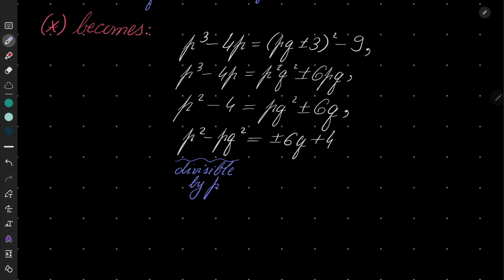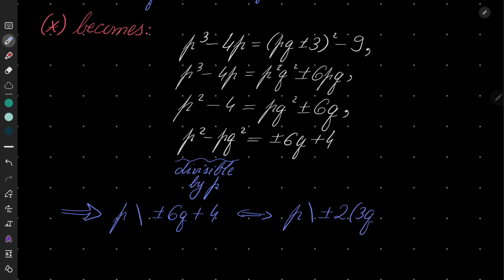So it implies that the right-hand side must also be divisible by p. And that means that p divides plus or minus 6q plus 4, which is equivalent to saying that p divides plus or minus 2 times (3q minus or plus 2).